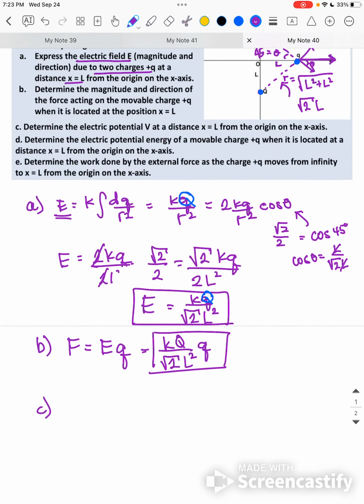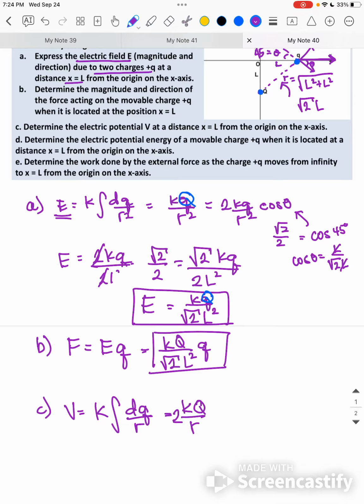Now part C is asking for the electric potential at distance x is equal to L. So I'm going to use the same similar equation, except it's the K times the integral of dq over r instead of r squared. And I want you to keep in mind that there is no direction for potential, and because they are point charges, I can just represent it as K big Q over r, and there are two of them.